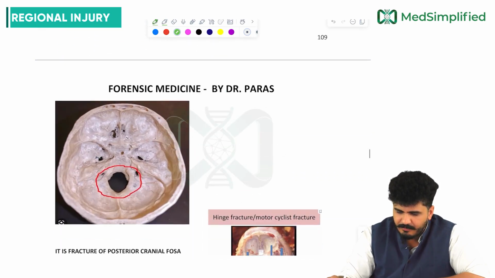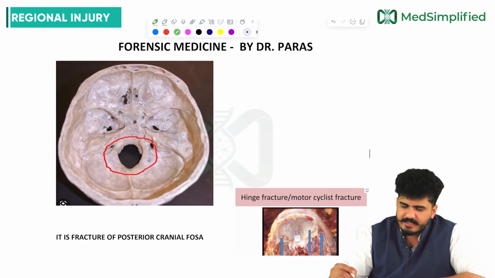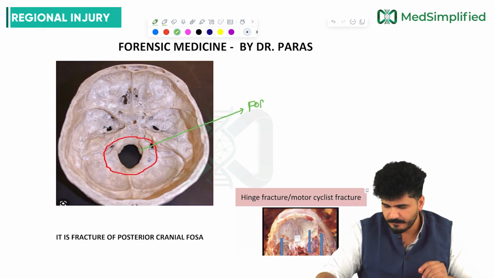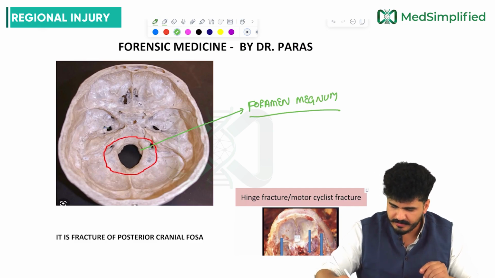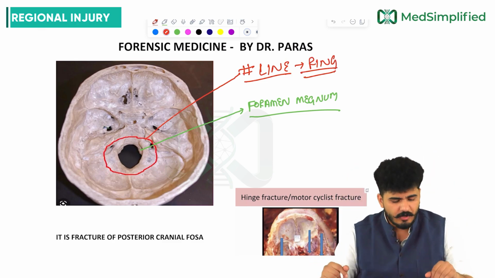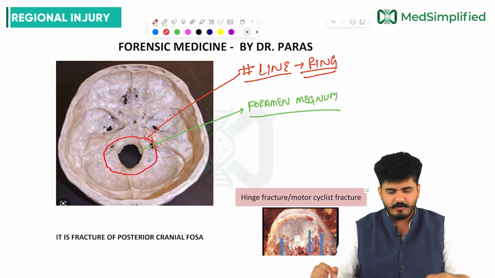Let's see with the help of a diagram. In this diagram, this is the foramen magnum, and this red part is the fracture line, which is forming the ring. The history associated is fall from height.